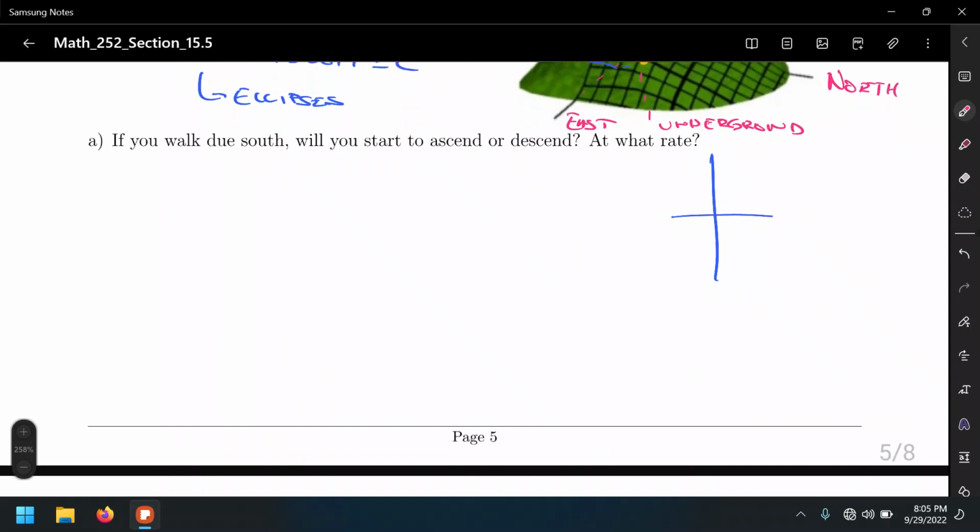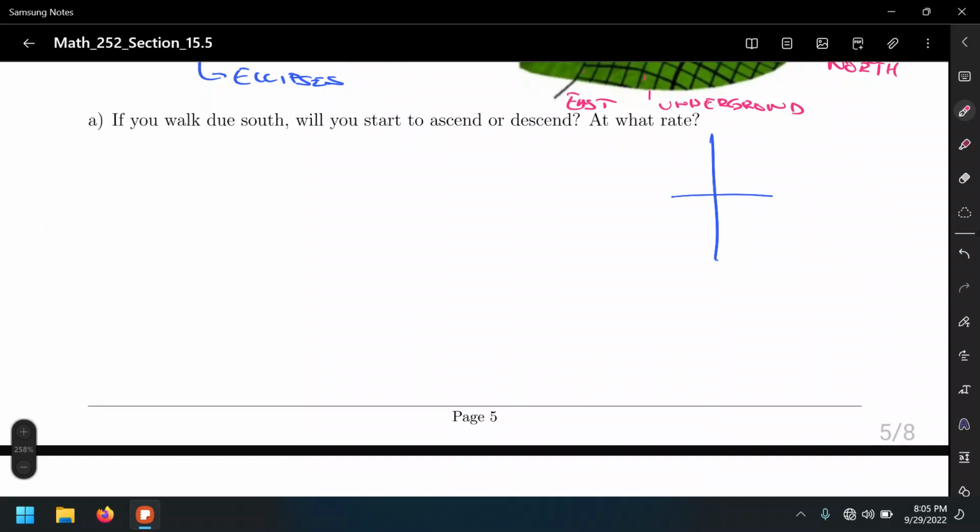Whenever we want to find a directional derivative, we need to make sure that we do it using a unit vector. So a vector pointing to the south, what would that vector be? The x component of that unit vector is 0, and the y component is negative 1, all right? So it would be in that direction.